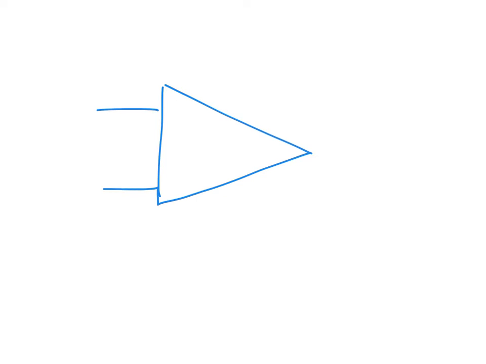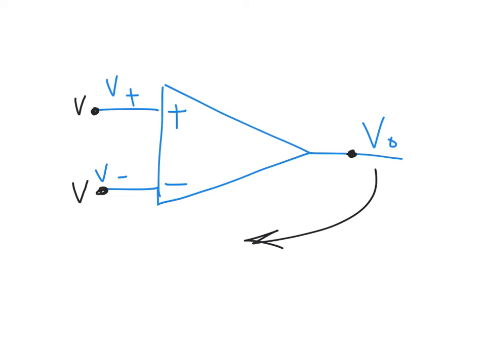This way, plus, minus, V naught, and this is V plus, this is V minus. If you have voltage V here, it will be translated or transferred here to be the same V, and this output here will be connected to any other circuit or have some feedback.